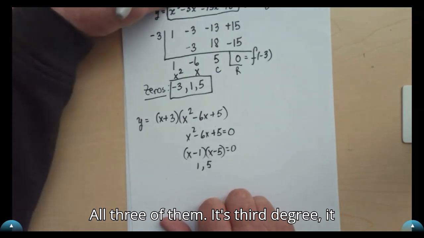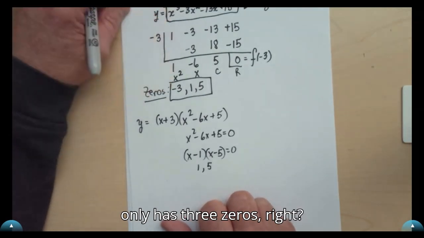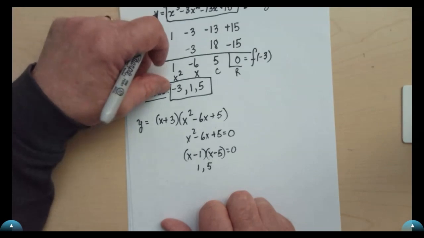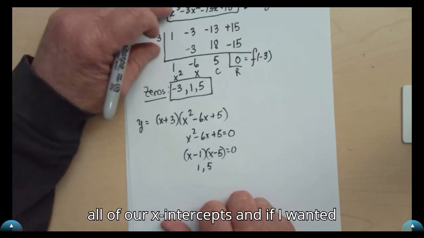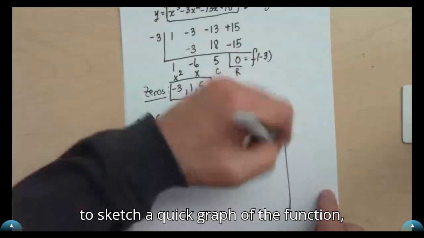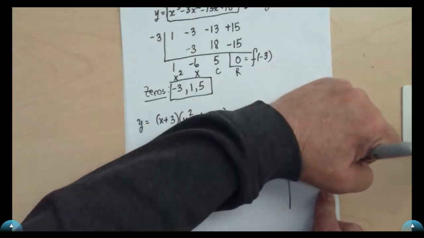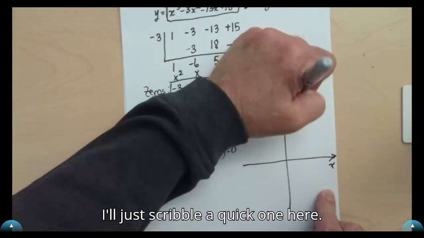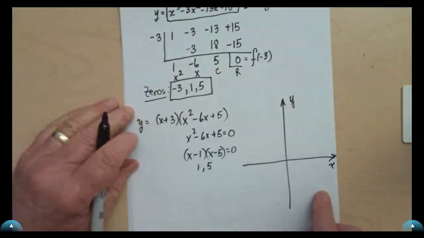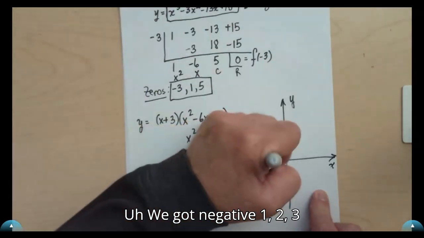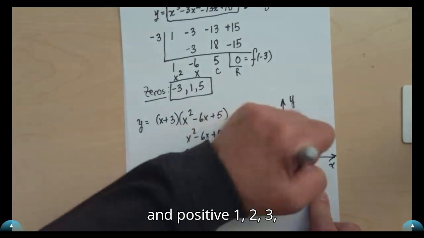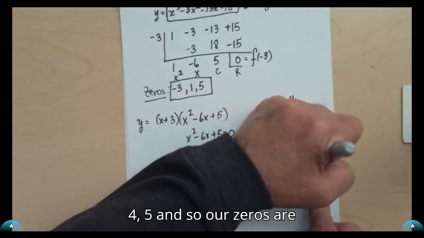All 3 of them. It's third degree. It only has 3 zeros, right? They're all real numbers, so those are all of our x-intercepts. And if I wanted to sketch a quick graph of the function, I'm going to just scribble a quick one here. We got -1, 2, 3, and +1, 2, 3, 4, 5.